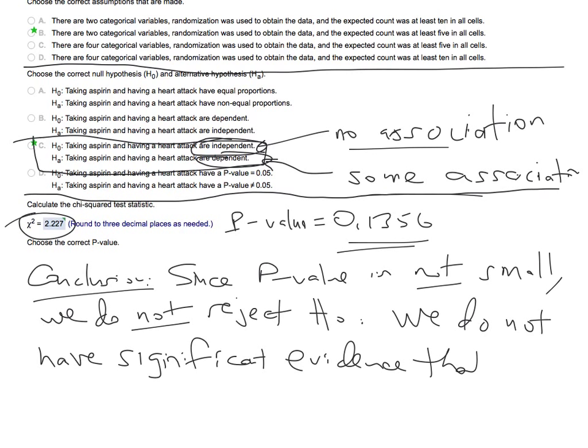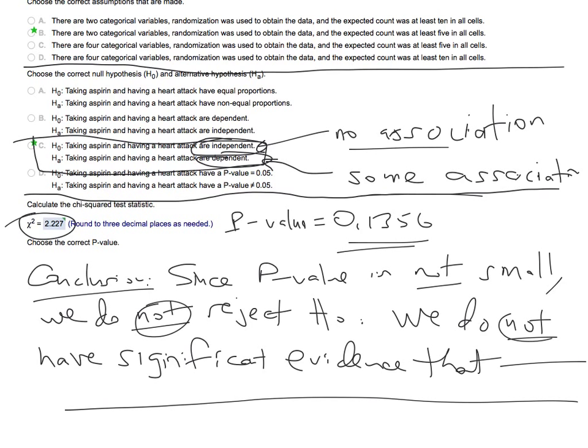that, and what comes after the that is always just HA. It's just the alternative. So we've already taken care of not rejecting means we don't have evidence. So that's already done. The word not's in all the places. What goes in this blank is going to be the alternative hypothesis, and that's true no matter what. If our p-value was small, if we didn't have not here, we would also not have it here. We would reject H0, and we would eliminate this not. But that's all. Everything that goes in this blank is still going to be your HA statement.